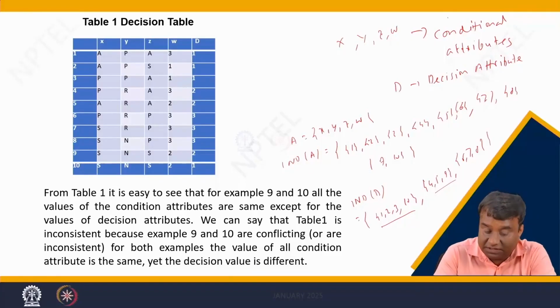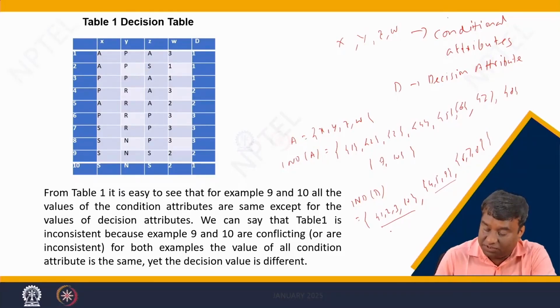So that is the indiscernibility relation of A. Similarly, the indiscernibility relation of U by D is {1, 2, 3, 10}, {4, 5, 9}, and {6, 7, 8}. Let these be X1, X2, X3.